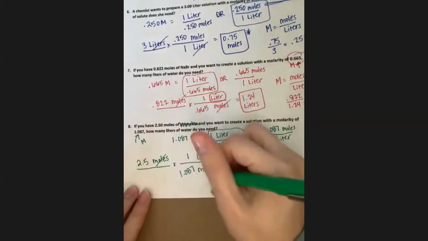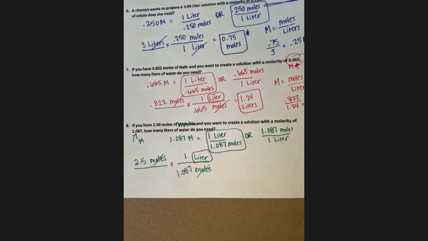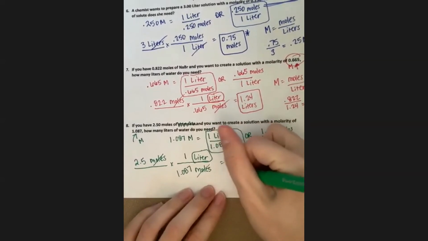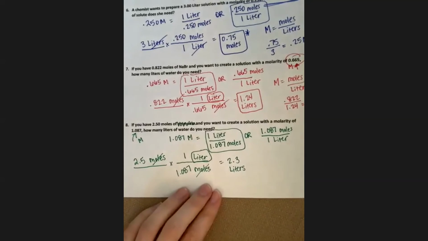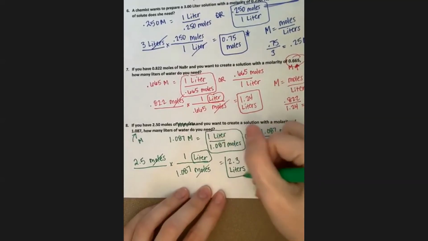Moles cancel. I'm left with liters. So I'm going to take 2.5. I'm going to divide it by 1.087, and you get something around 2.3 liters. That's how many liters I would need in order to get a concentration of 1.087.